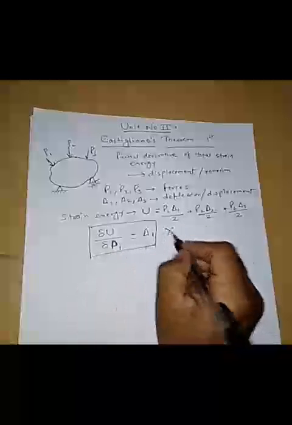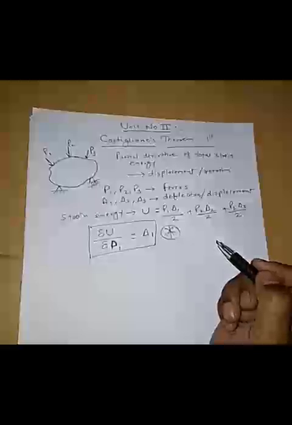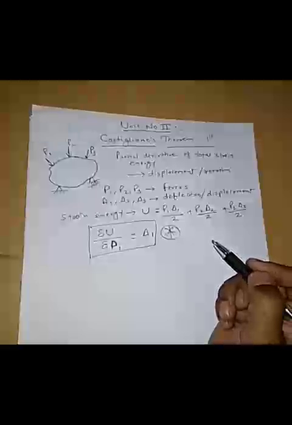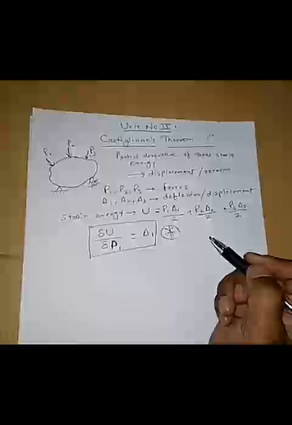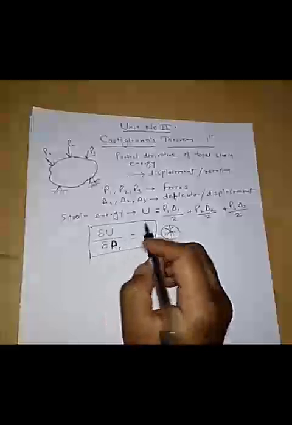So partial derivative of strain energy with respect to P1 will give you the displacement, and that would be in the direction of this P1. Let us have this direction downward, so we will have the displacement in that direction.